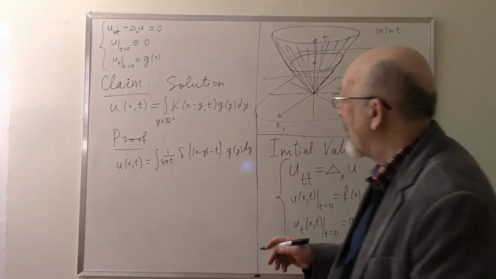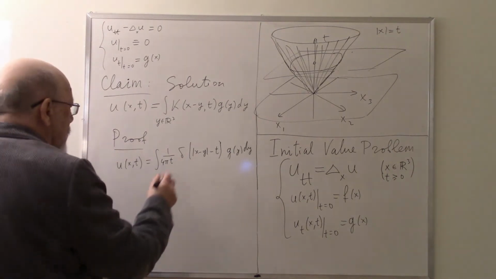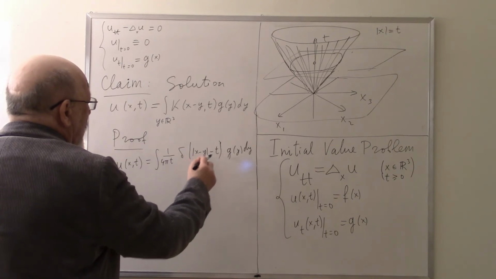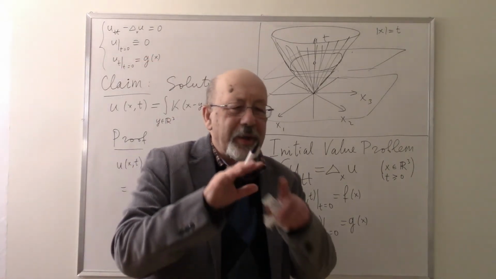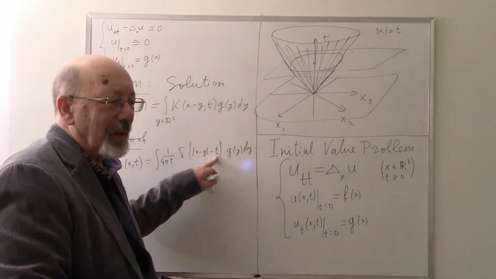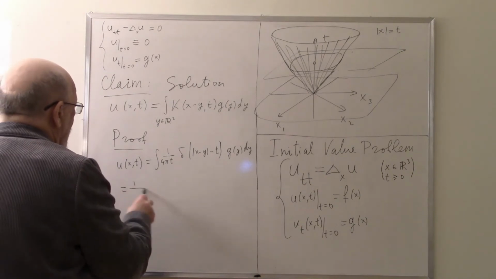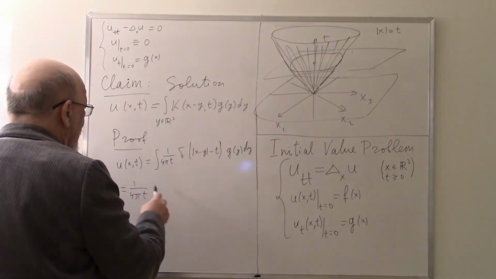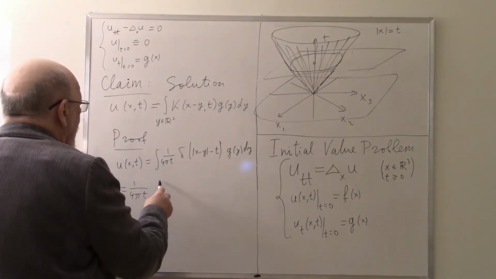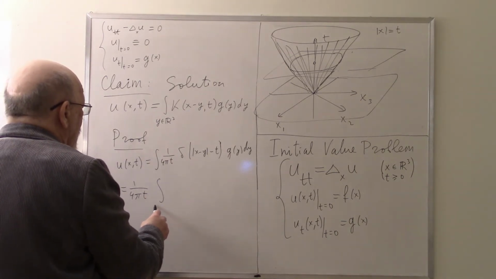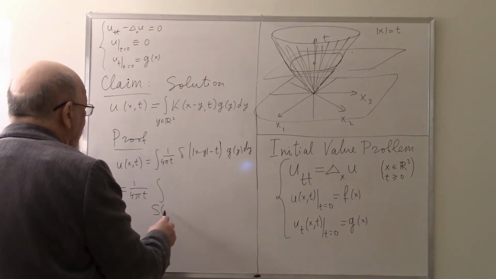Now, what is this? This function delta of modulus x minus y minus t is concentrated on the sphere modulus x minus y equals t. So it is 1 over 4 pi t, which is constant here, times the integral over the sphere with center x and radius t.